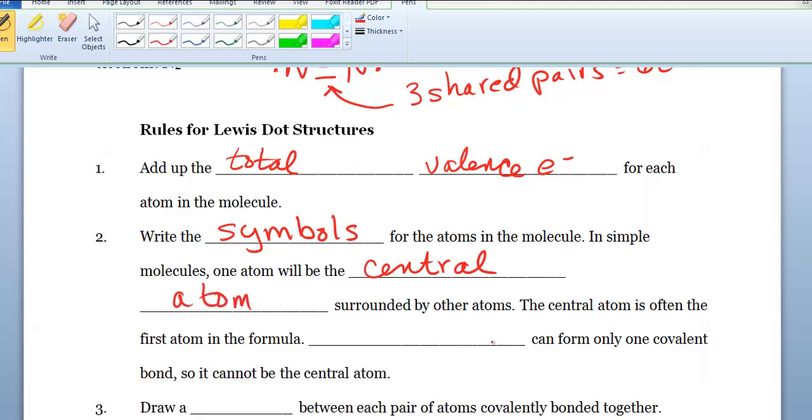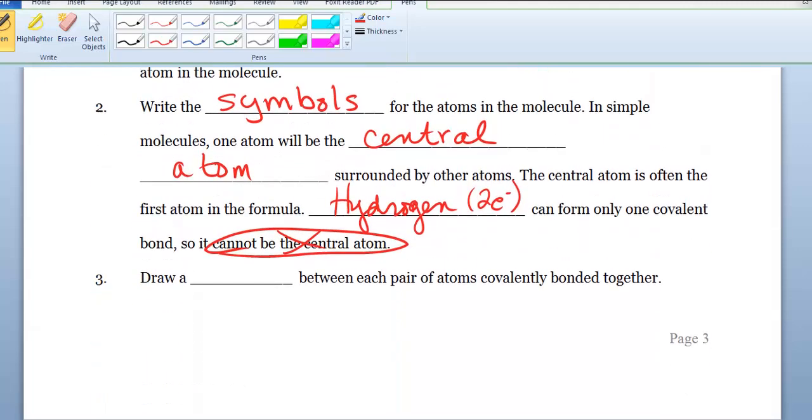The central atom is often the first atom in the formula. Hydrogen can form only one covalent bond. In other words, it can only have 2 electrons max. So it can never, ever be the central atom.